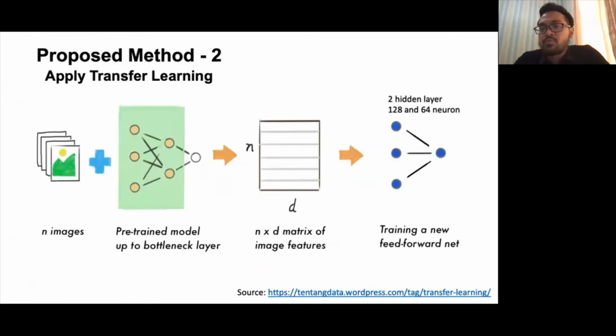The second method that we propose is to apply transfer learning to speed up the classification process and improve the performance of the CNN architectures. Transfer learning uses pre-trained models that have been previously trained on the ImageNet database. The application of transfer learning gives our model prior knowledge before the training process. Transfer learning is used to perform feature extraction on weather image datasets. The output of transfer learning will be input to two hidden layers, consisting of 128 and 64 neurons.